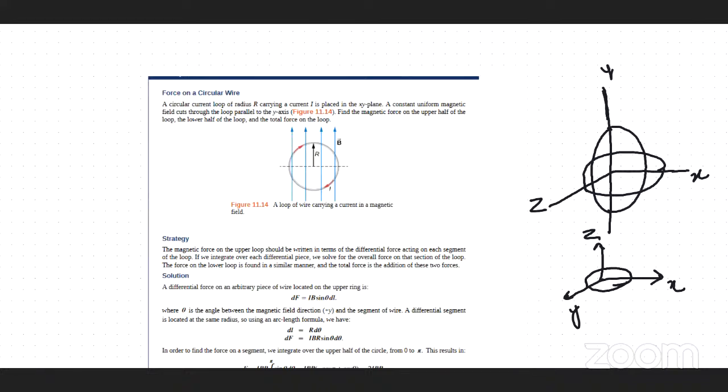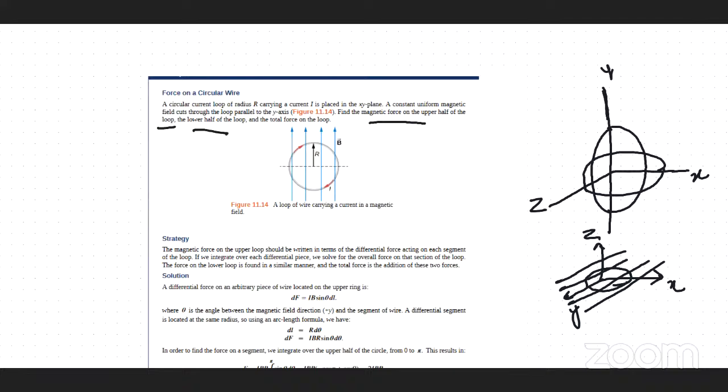So if you have kept it in XY like this, then the magnetic field is in Y-axis, which is J. You have to find the force on the upper half of the loop and the lower half of the loop and the total loop.